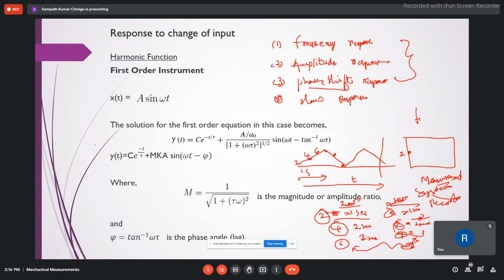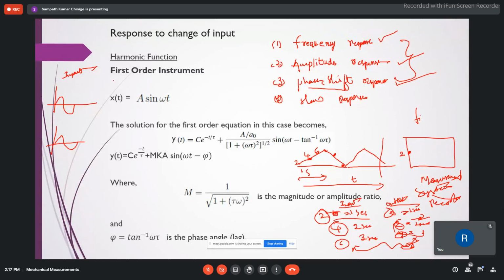Suppose the input is in the form of a sinusoidal wave, a harmonic. How do you know that this input is measured accurately? For that we will look at the frequency response, its amplitude response, and its phase shift response. This is what I'm talking about. Clear?